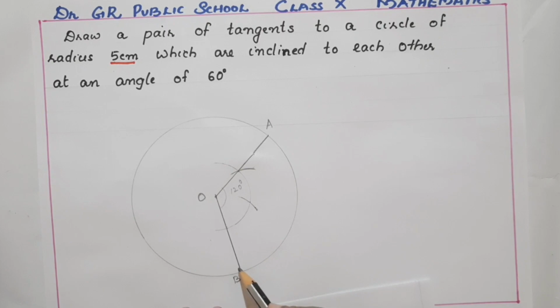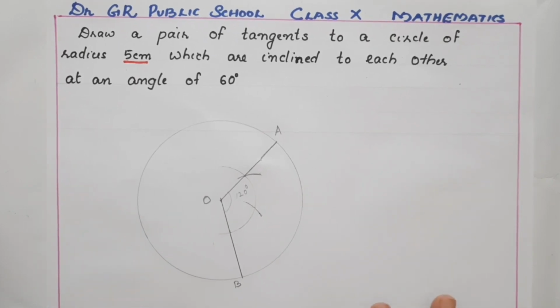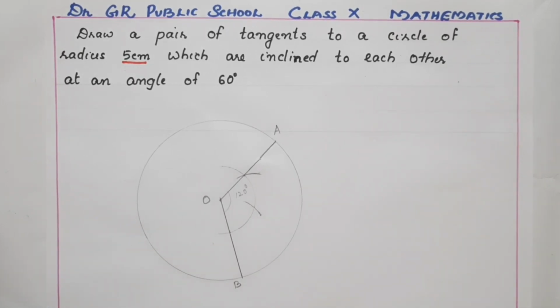Like that, here also if you make a 90 degree angle, you will get the second tangent. How will you get a 90 degree angle? That also you studied in lower classes, in 9th standard, the construction of a 90 degree right angle. For that, what we have to do? We need the 90 degree angle here.